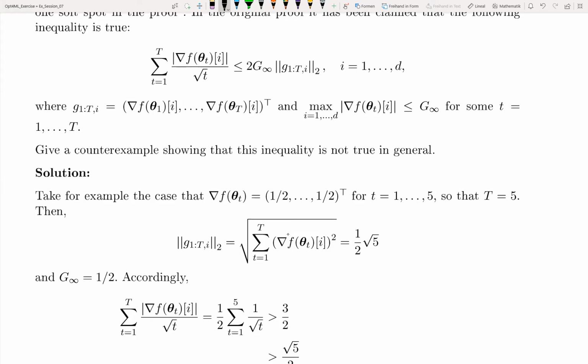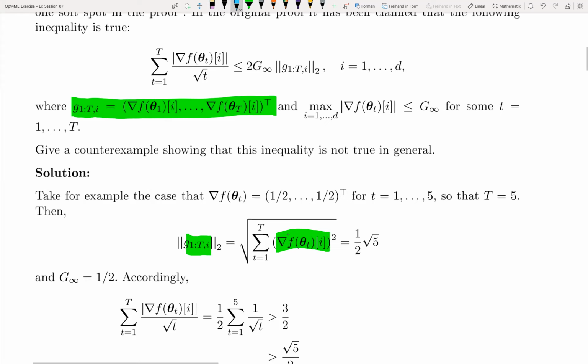And we can have a look at the case that we only have 5 iterations. What happens then? Well, this historical vector, which consists of all these components, when we compute the Euclidean norm of that, we are summing up the squares of its components.